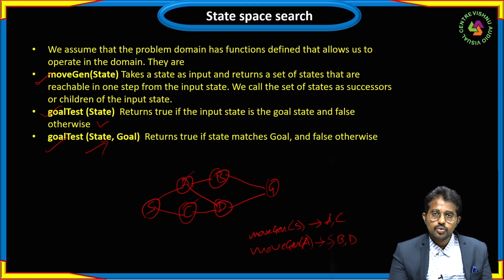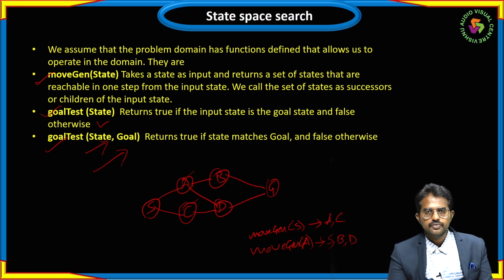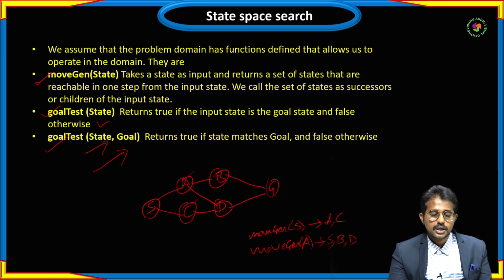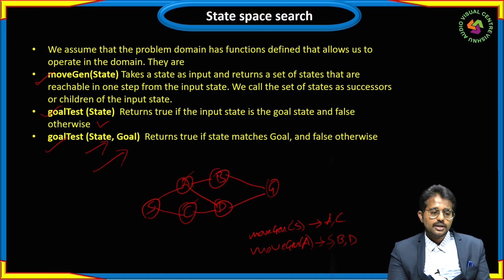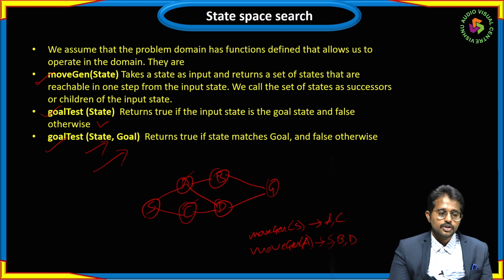This function will return true if the state we have given matches the goal state, otherwise it will give false. So these are the basic functions that can be applied to improve the generate and test algorithm: move gen and also goal test.